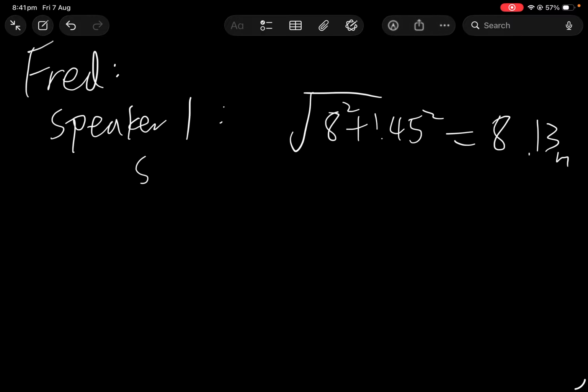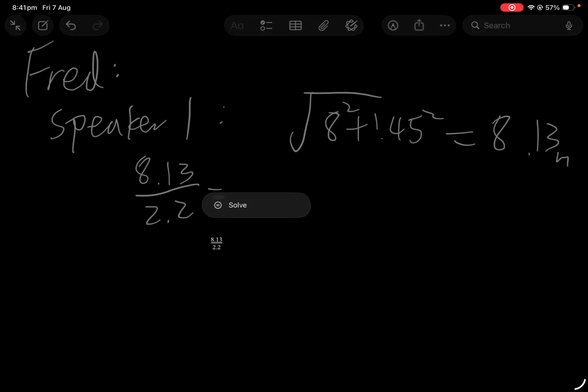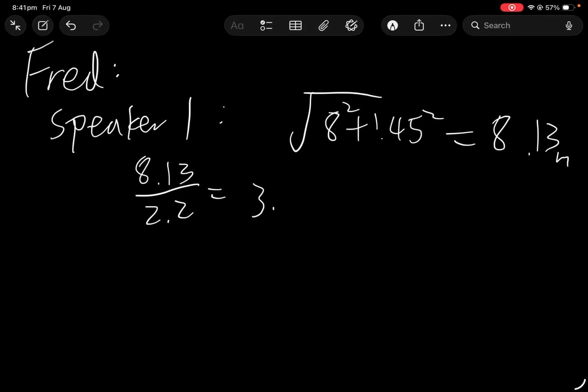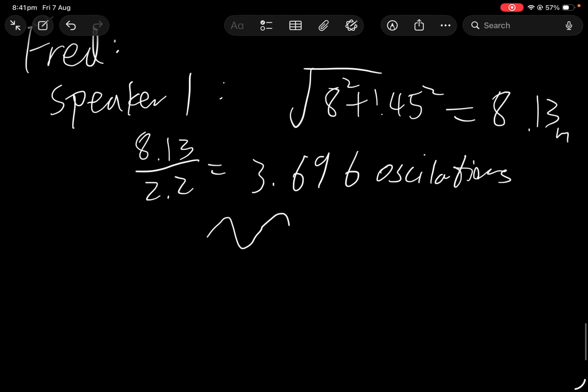And we can find 8.13 over 2.2, which equals 3.695 oscillations. So that means it's like 1, 2, 3, and a bit like that.